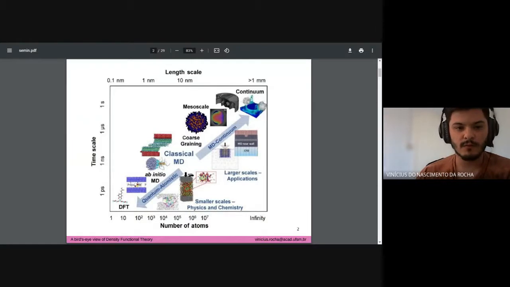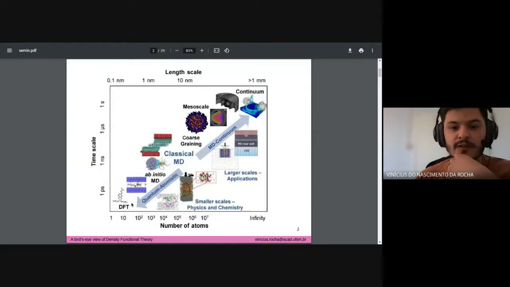So when we are going to do a simulation, we must take into account the size of our system to choose the most efficient method to handle all the problems involved. This picture shows the different methods associated with the different systems as a function of their size.